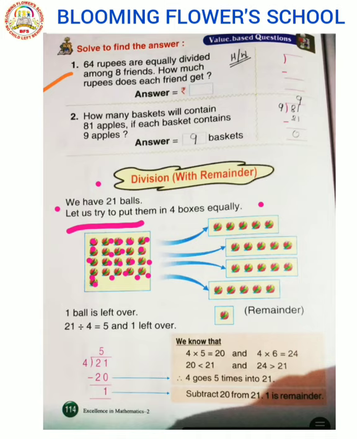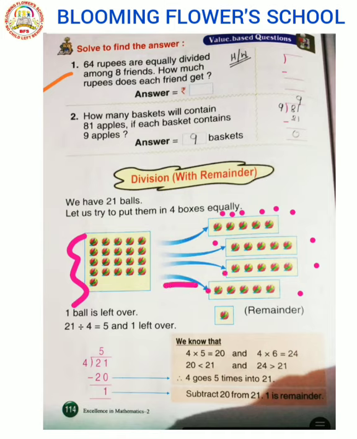There are a total of 21 balls. Now we try to distribute them in 4 boxes: 1 box, 2 box, 3 box, 4 box. In each box we put 5 balls. Here also 5, here also 5, here also 5. So 4 boxes are filled with 5 balls each if we distribute equally. But still one ball is left.